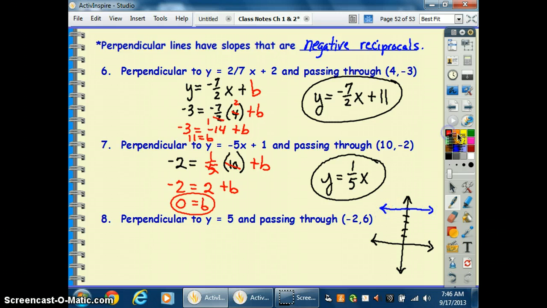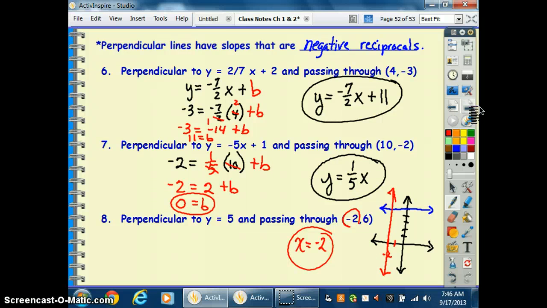Now if we want the perpendicular line, it will be a vertical line, and it passes through (negative 2, 6). Our line will be vertical going this way. So that line, that red line, is x equals negative 2. And we're done.